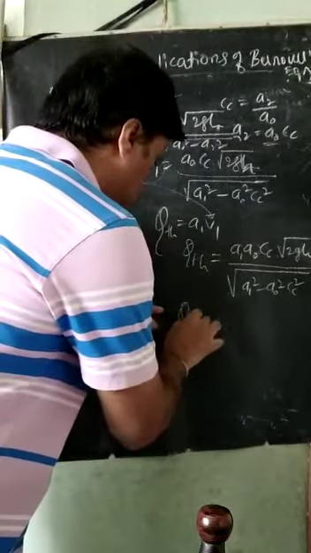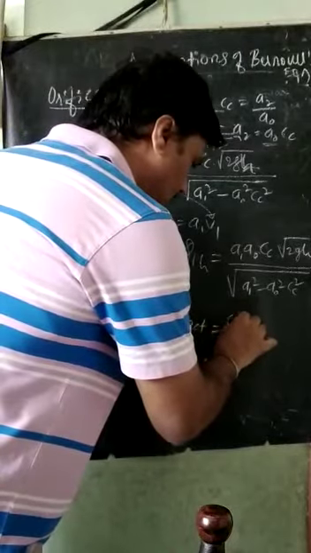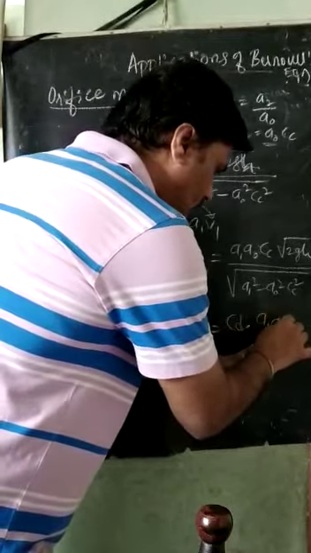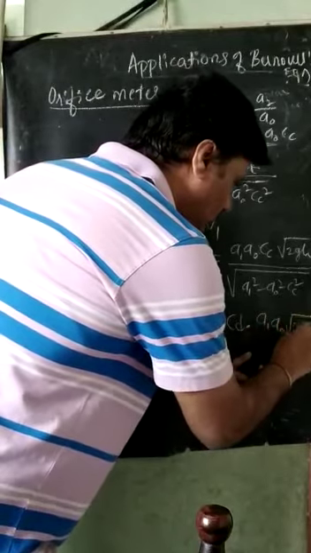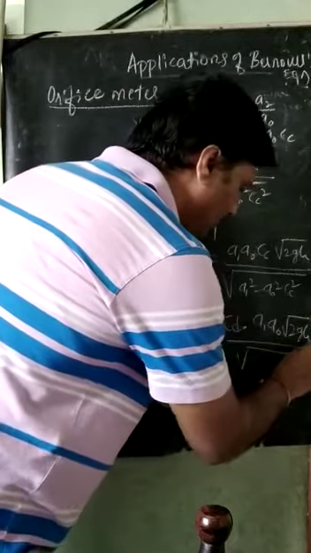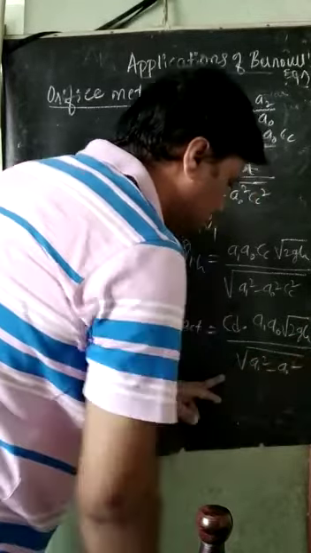So Q actual is equal to CD, coefficient of discharge, A1 into A0 under square root of 2gh divided by under square root of A1 square minus A0 square.